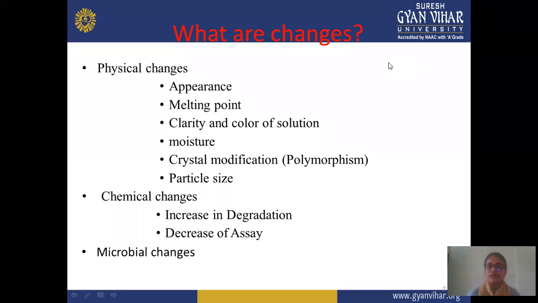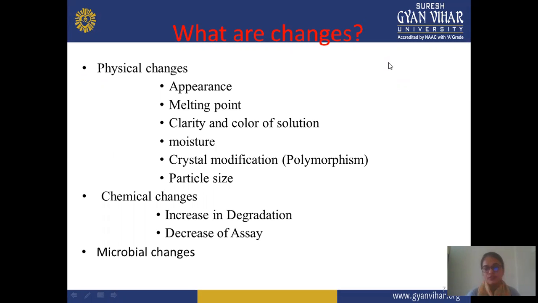So you check the clarity and color of the solution, and you prepare a semi-solid gel-like formulation. In this condition, you ensure that the clarity of your formulation should be clear. And suppose you prepare a transparent gel, and during storage it changes color and converts to maybe creamy or orange color. And this is mainly about the physical changes.